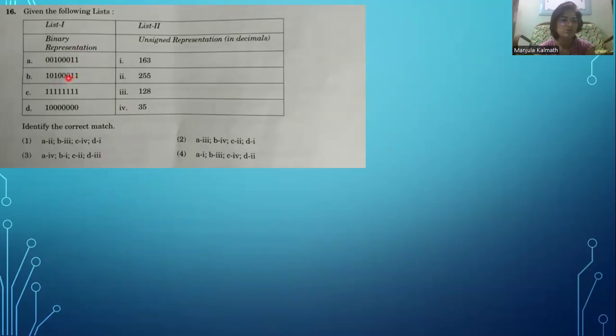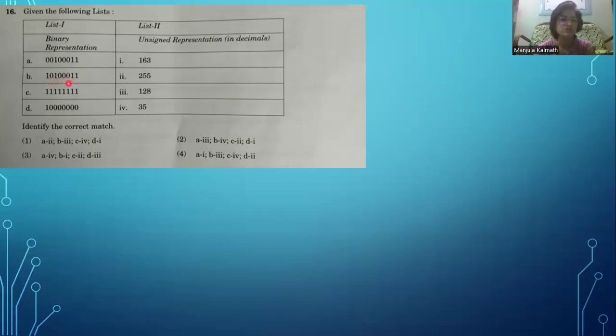Like that only we can convert this number to decimal once again. 0, 1, 2, 3, 4, 5, 6, 7. So 2 raised to 7 means 128. Sorry.